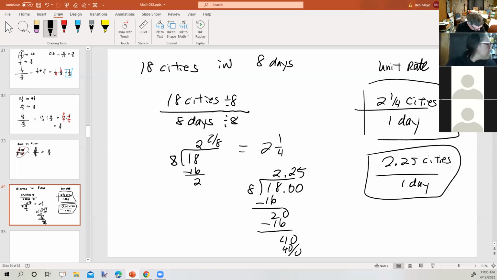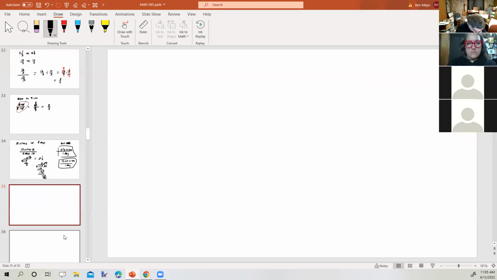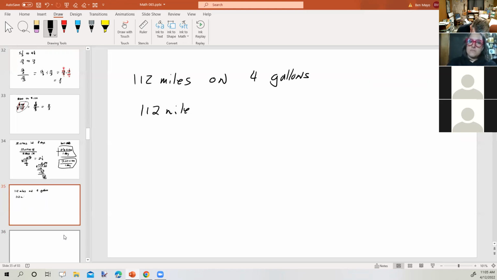Okay. Let's take a look at another example. This says, let's see here, 112 miles on 4 gallons. And we want a unit rate. So 112 miles, 4 gallons.